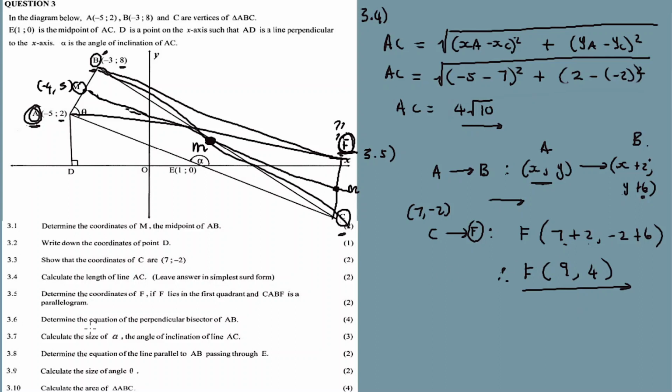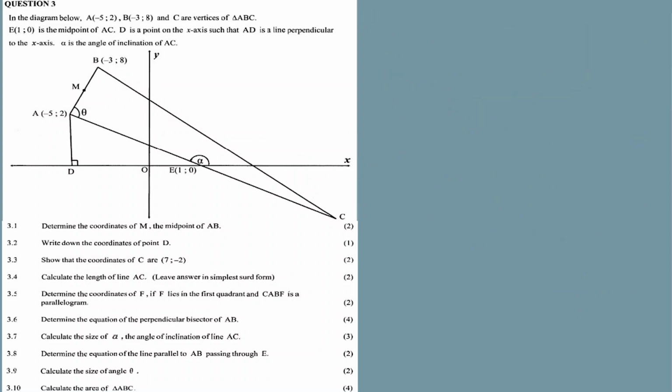Question 3.6: Determine the equation of the perpendicular bisector of AB. Now the perpendicular bisector of AB is just a straight line.